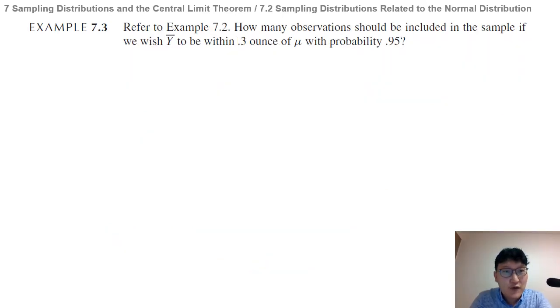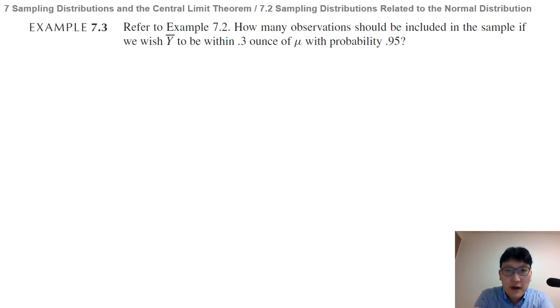Okay, let's move on to example 7.3. Refer to example 7.2. How many observations should be included in the sample if we wish y bar to be within 0.3 ounce of mu with probability 0.95?